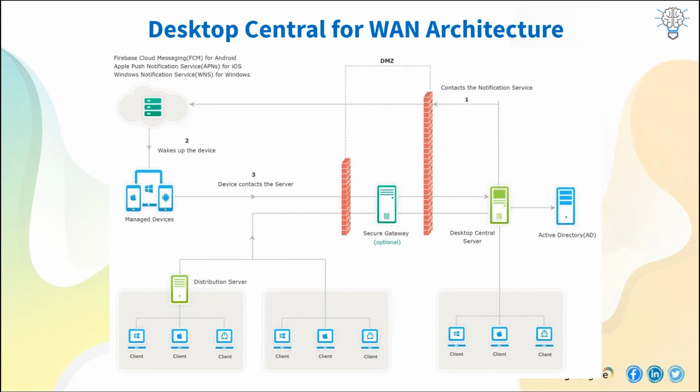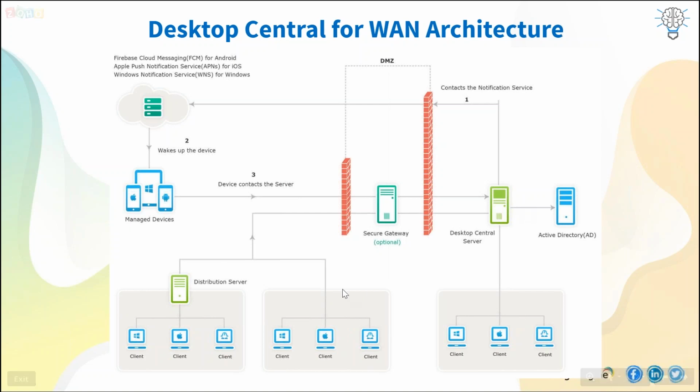For managing branch offices, the distribution server is installed in one of the branch office computers. The distribution server communicates with the Desktop Central server to fetch tasks for that particular branch office's agents. In addition, the distribution server synchronizes with the Desktop Central server for missing patch details, which are then downloaded directly from the respective vendor's website.